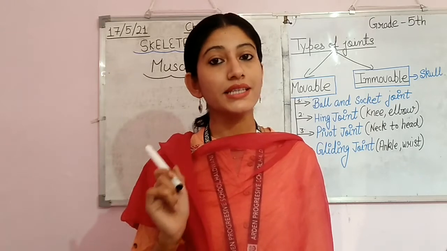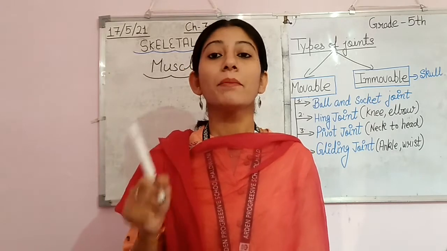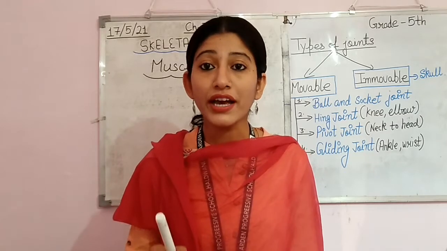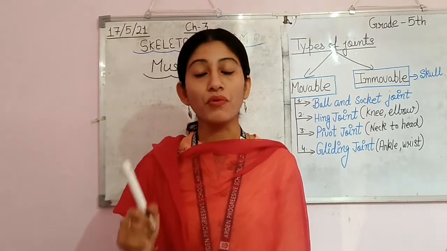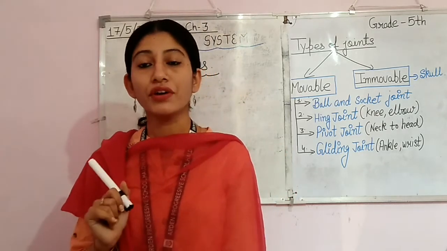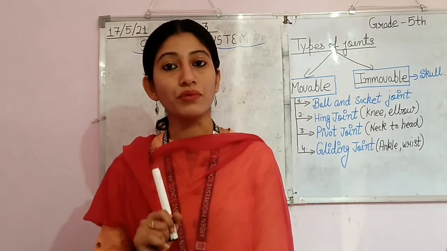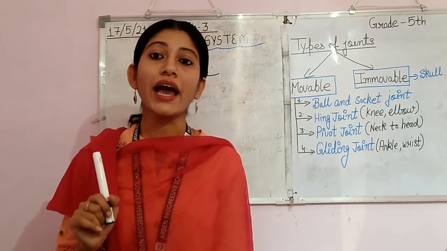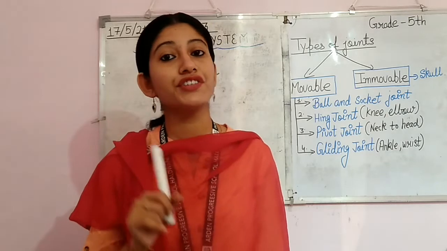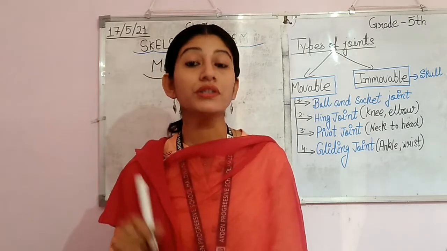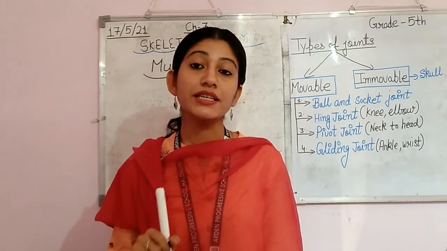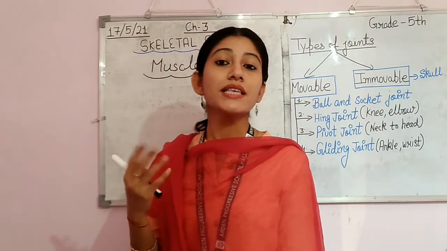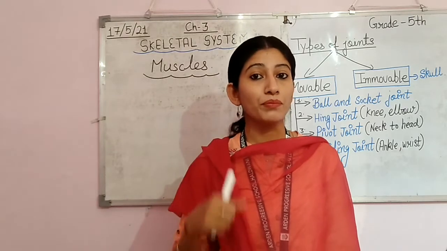Our whole skeleton is made up of bones, but bones are unable to make movement. So for carrying out the movement of the bones, there are muscles, and in our human body we have about 650 muscles. And what is the role of these muscles in the movement of the bone?